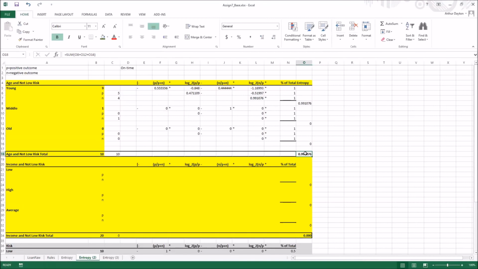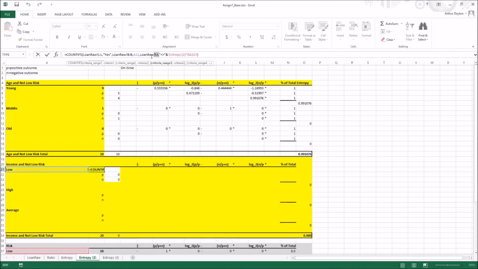So we want to check the same thing for income. We know that we've correctly set these calculations up here, so we just copy paste them down. And we know the only thing we need to do is change and refer to our income category as opposed to our age categorization.